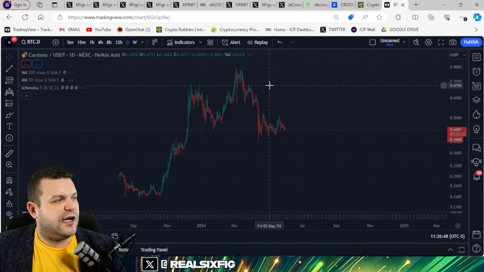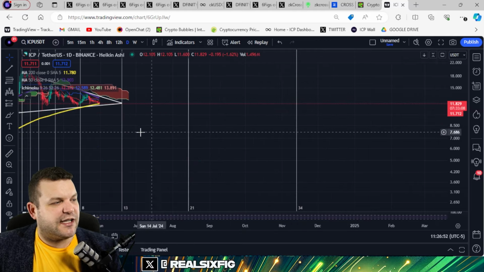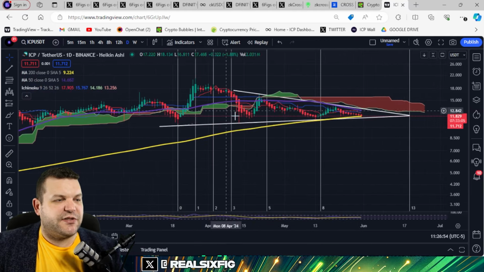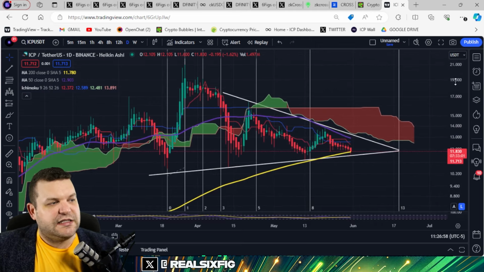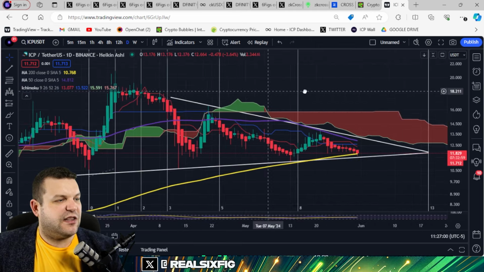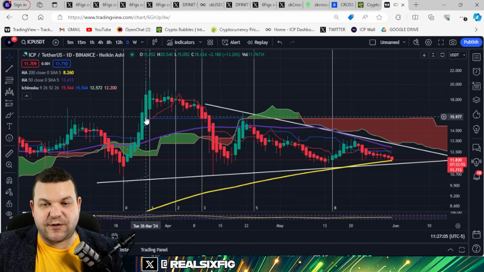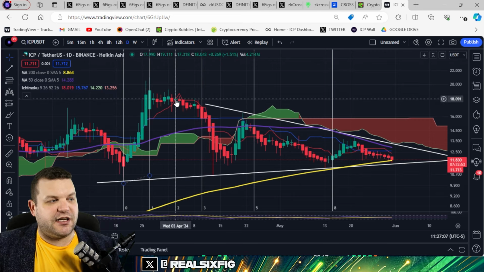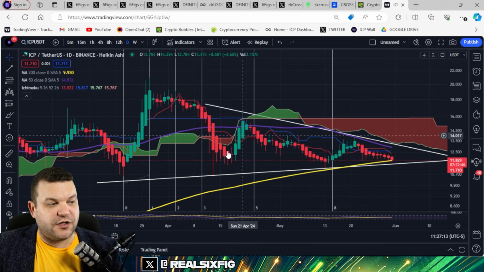So back to ICP here really quick. Even though we've got this death cross happening, the time sequence that I'm telling you guys about has been spot on, down to the day. When I drew up this time sequence from this swing low to this swing high, it predicted a reversal point right here, increased volatility here, a reversal point here.